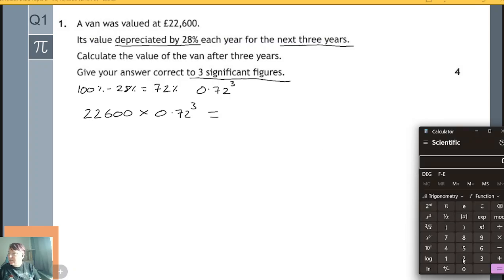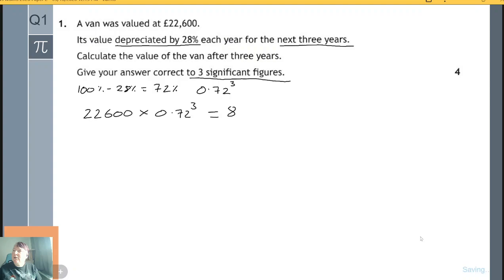Right. Okay, so we have got 22600 times 0.72 to the power of 3, and we get 8435.4048.